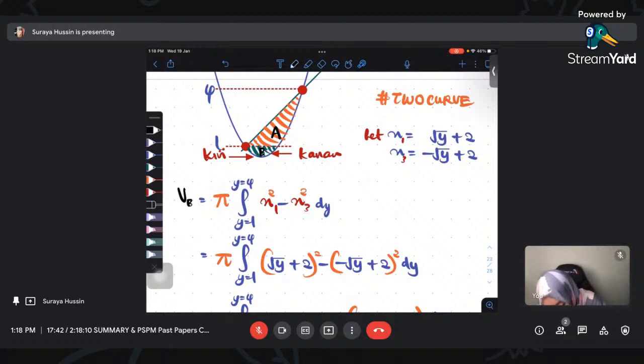Can you see what I see? Can you imagine that quadratic berkait rapat, berhubung rapat dengan square root function? Kalau tengah hadam, cakap tengah hadam. Tak apa. Faham?